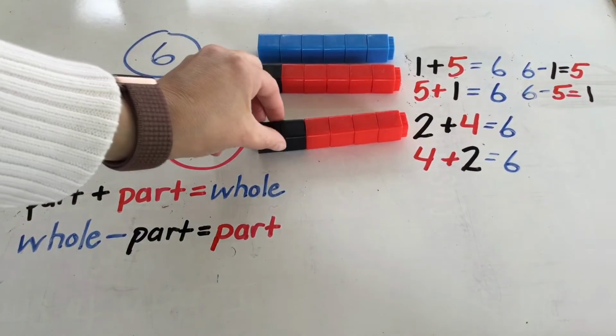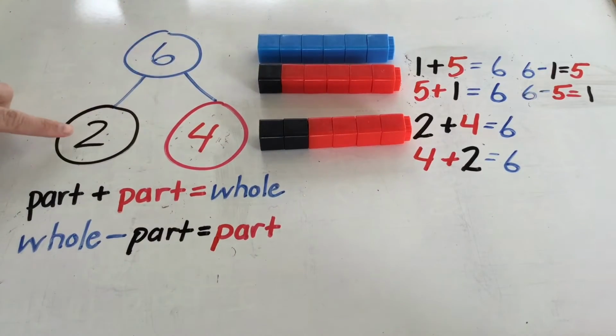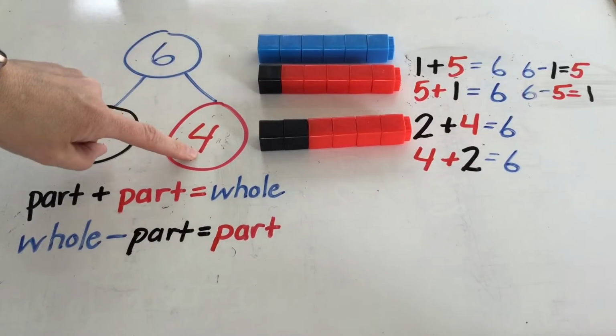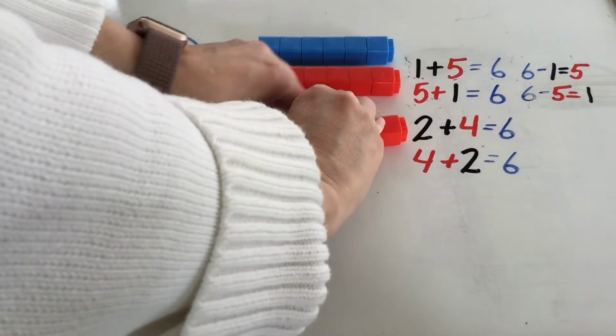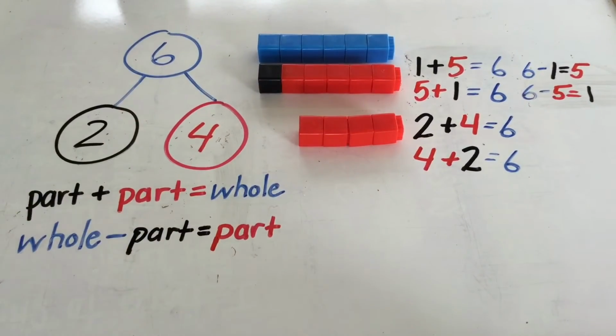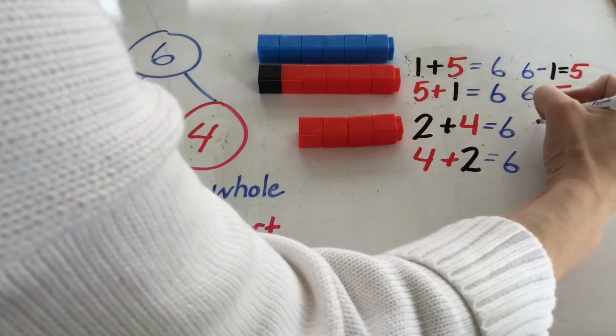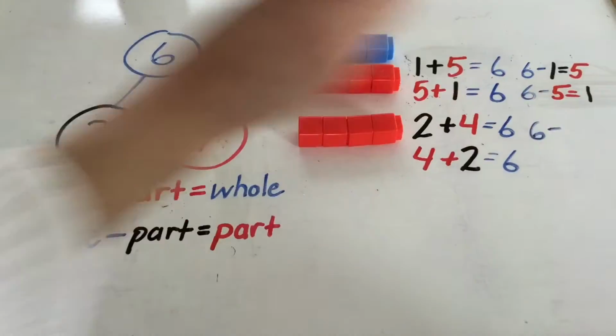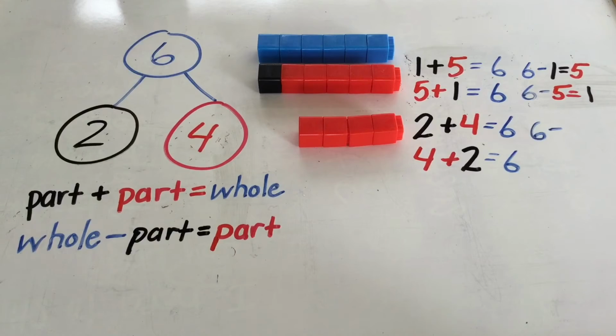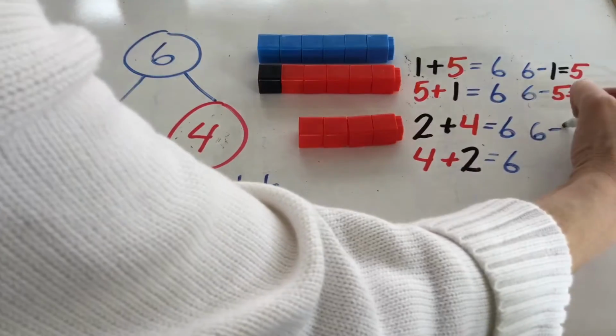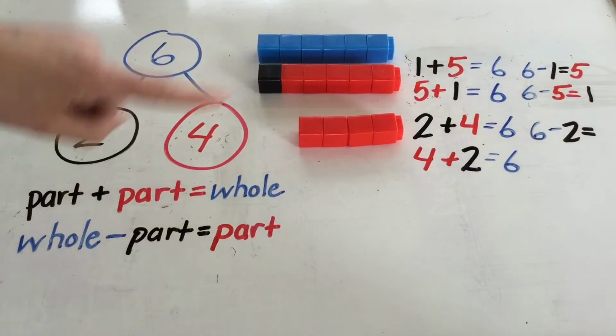Now let's look at subtraction with the parts 2 and 4. Whole minus part equals part. My whole is 6. I'm going to first take away my black part, which is 2, and I'm going to write out the subtraction sentence, which is 6 minus 2 equals 4.